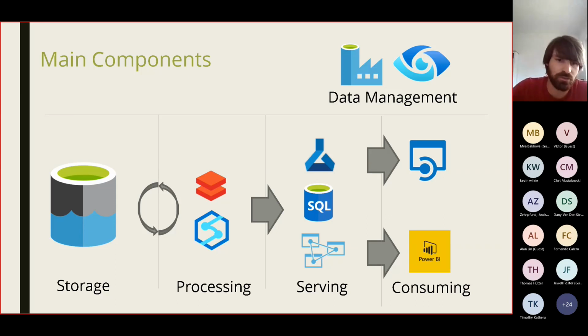Those heavily interact with the storage, reading data, doing some processing, and storing the data back in the data lake, but also providing the data to the serving layer. The serving layer can be another SQL data mart for analysis and for an API, for example, whatever. It can also be analysis services or an OLAP data mart, an OLAP engine.